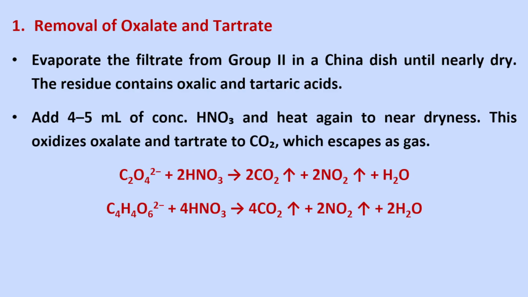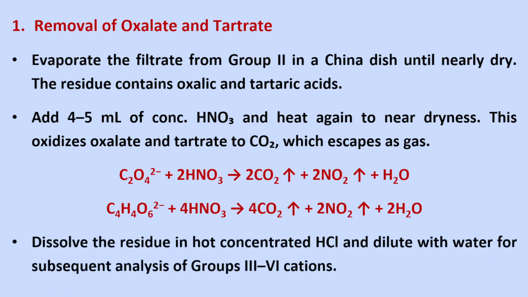This step ensures the oxidation of oxalate and tartrate to carbon dioxide, which escapes as a gas. Dissolve the dry residue in hot concentrated HCl and then dilute with water. The resulting solution is now suitable for group 3 to group 6 cation analysis.